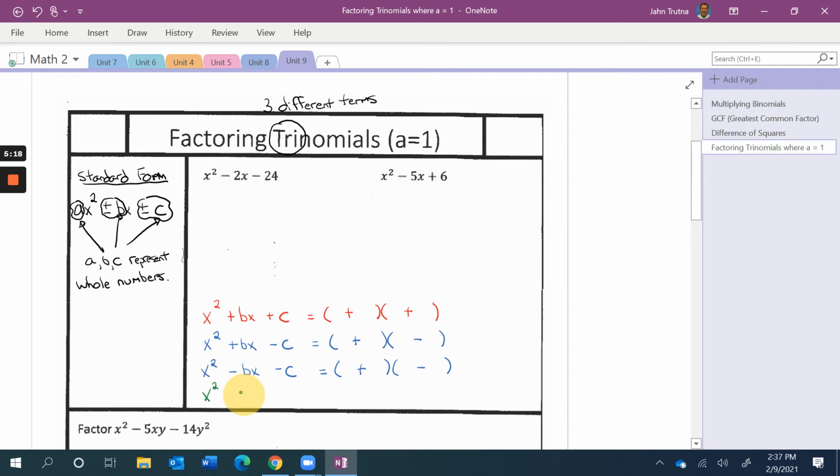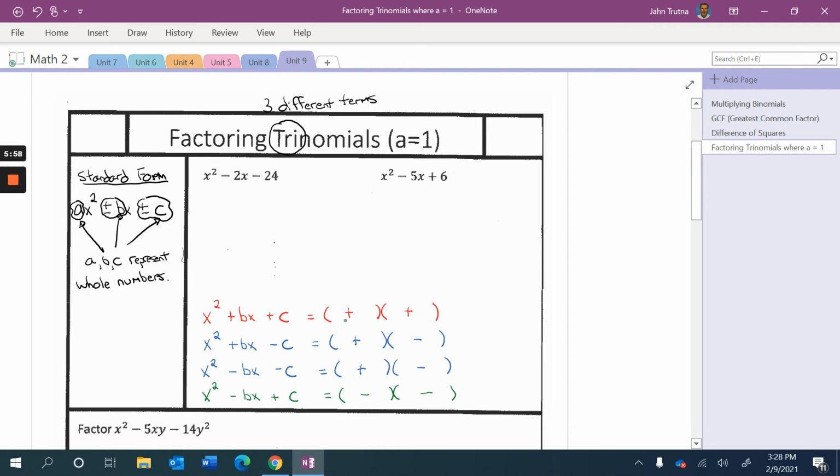If I have a trinomial in the form of x to the second minus bx plus c, then that would factor into two quantities, and each quantity is going to have a subtraction sign in it.